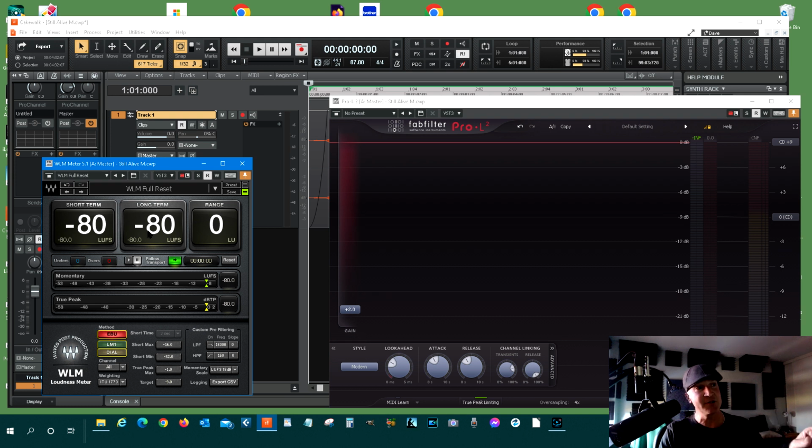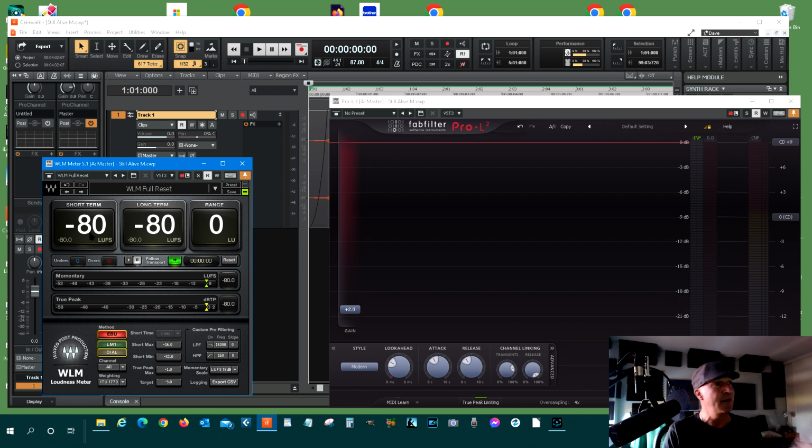So this tells me the average, and I really like that long term because it gives me an idea, short term, how loud this song is, and I want to try to keep that near -9. And I do vary it, but I tend to try to keep it around 9. The whole point is to try to get a good average volume in that RMS way, if you know what I'm saying.